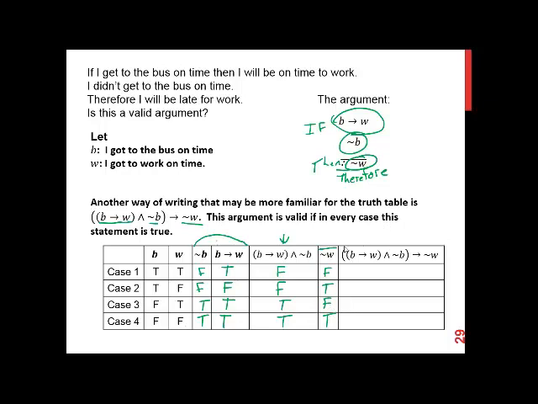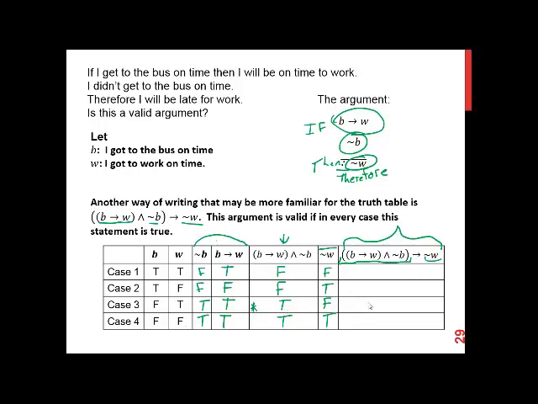And finally, we'll look at our final argument. So if all of our premises are true, does it necessarily follow that not W? And again, the only case in which this is going to be false is if the antecedent is true and the consequence is false. And that happens right here.